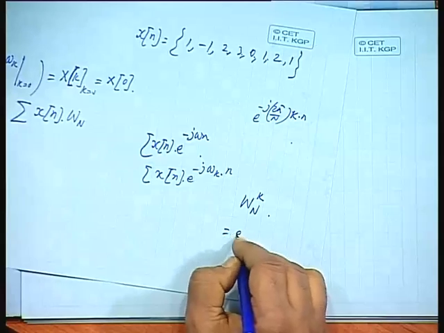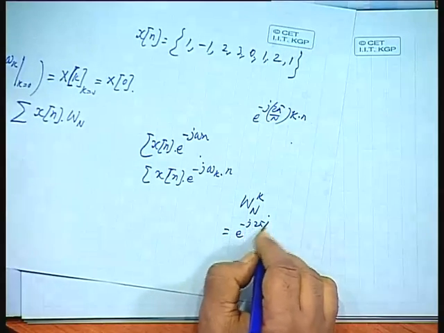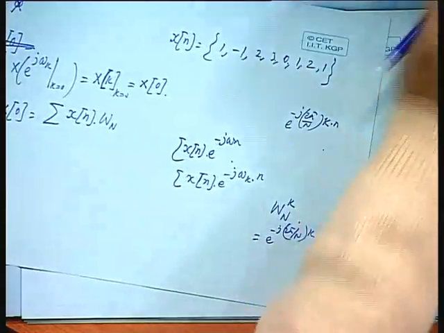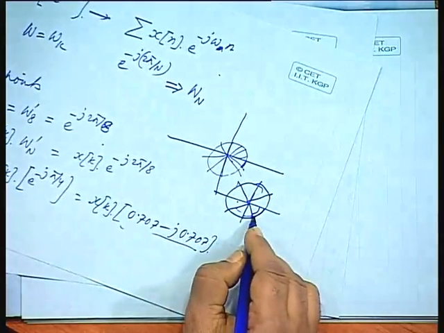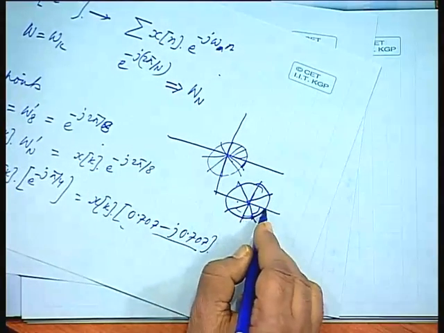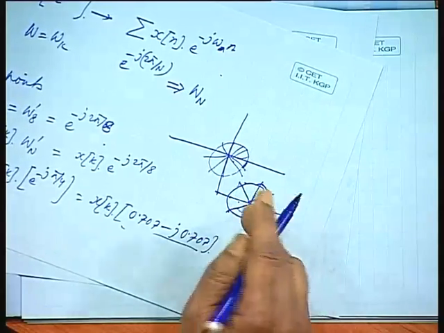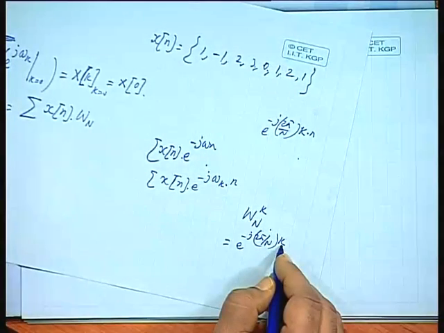Which means e to the power minus j 2 pi by capital N into k, is it not? K equal to 1 corresponds to this, k equal to 2, k equal to 0, k equal to 3, 4, 5, 6, 7. So, there are 8 values. So, we are taking different values of k between 0 and 7. There are 8 points.